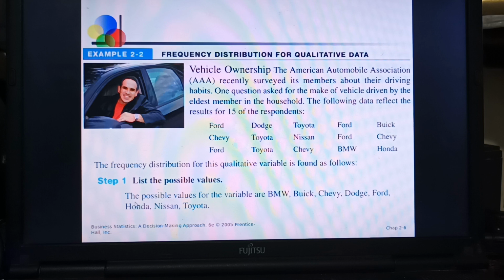Meaning, you come up with unique values out of these repeating values, because this is the result of a survey. List the possible values, list the unique values.